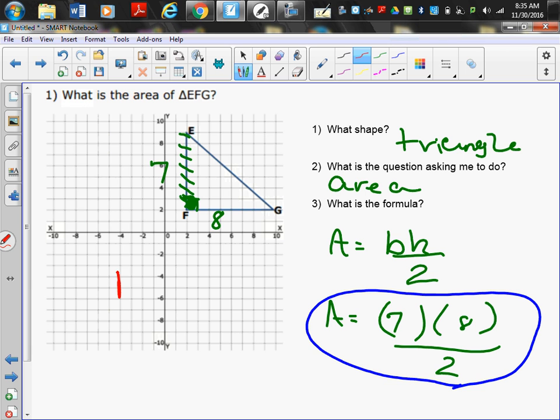So A equals 28 what? Units squared. Because it does not have a label, it's not telling us feet, miles, whatever, we use the label units. Good. All right.